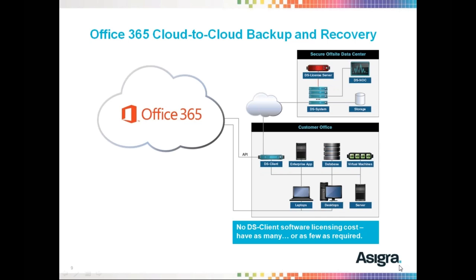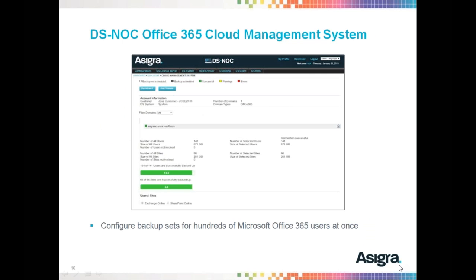have one DS client per customer to be able to back up the individual domains that you as an MSP will be protecting. The DS-NOC is the method that we will be creating the different backup sets for both SharePoint and Exchange. From there, the DS-NOC will be regularly talking to Office 365, detect and advise that there are new users.